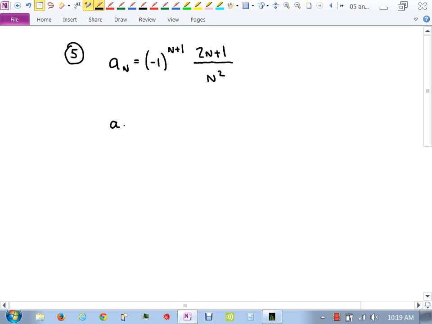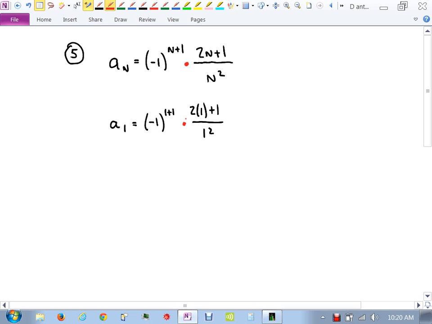You're going to first find the first term, which means plug 1 in for n, which means -1 to the 1 plus 1, 2 times 1 plus 1 over 1 squared. Now keep in mind that the operation here, I'm going to put it in red, is multiplication. Even though it's not written, that's a multiplication symbol.